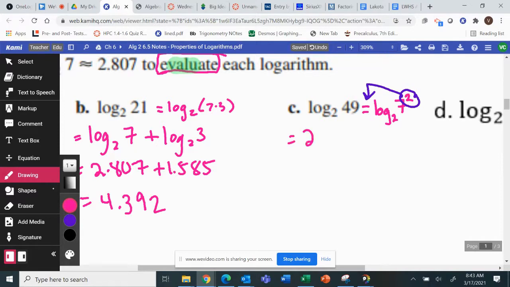So I'm going to have 2 times log base 2 of 7. So log base 2 of 7 is 2.807. So I'm going to multiply those. Multiply 2 times 2.807. It ends in a 4.